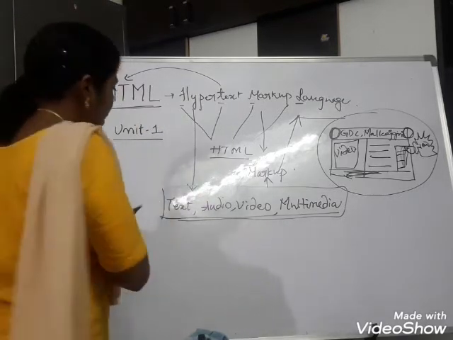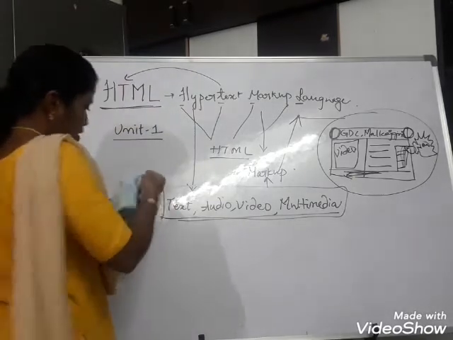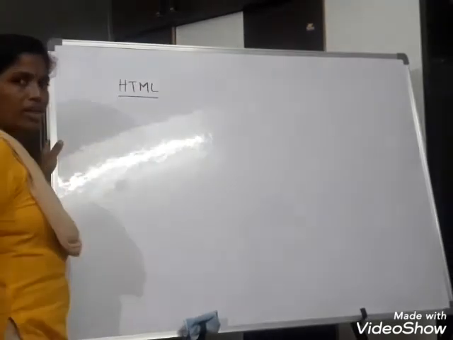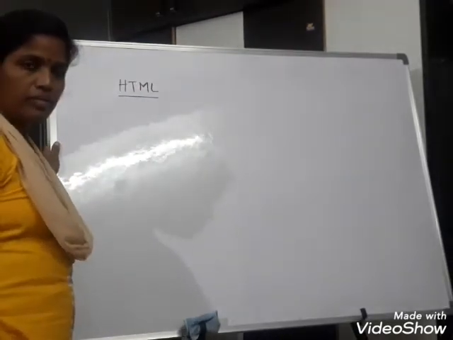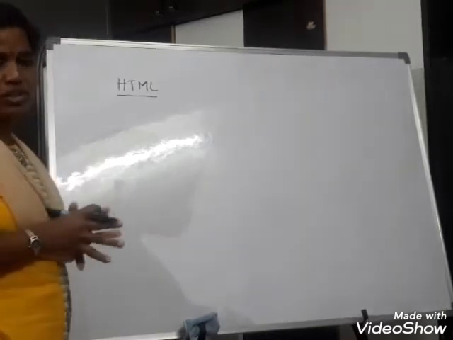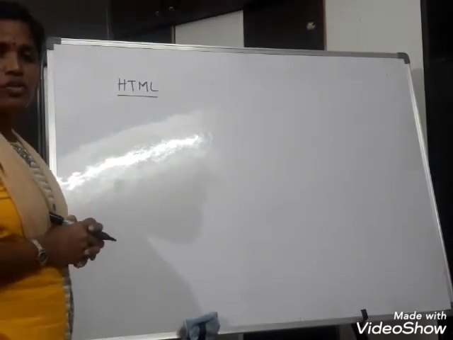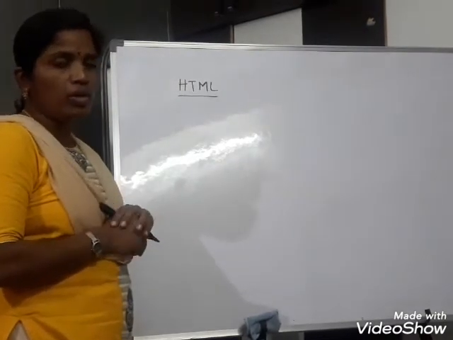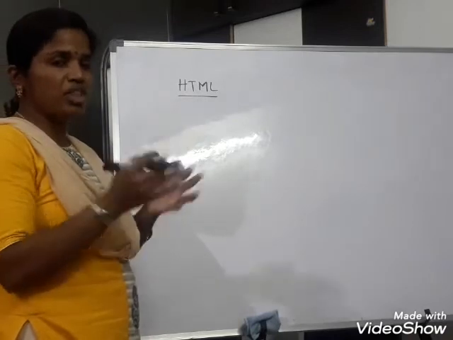Okay, hope you are all understanding. So with this, we will continue. So HTML, hypertext markup language, is used to design our web pages. Right? So this is used for designing our own web page as we wish.